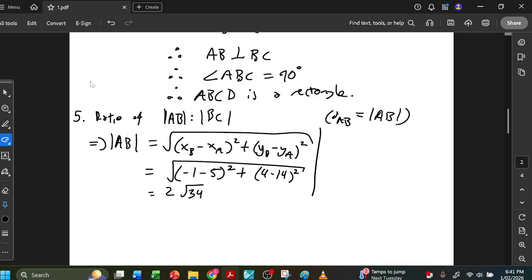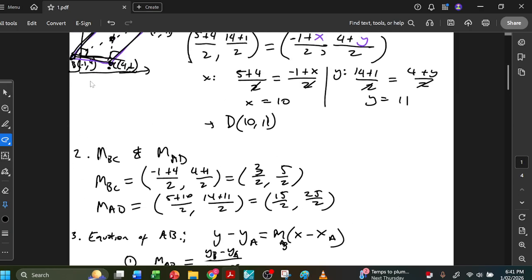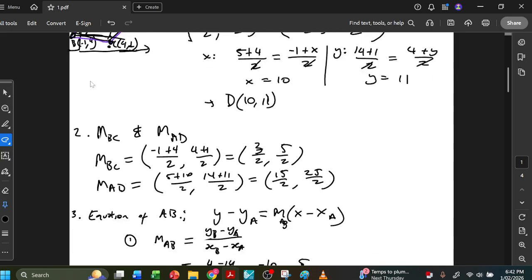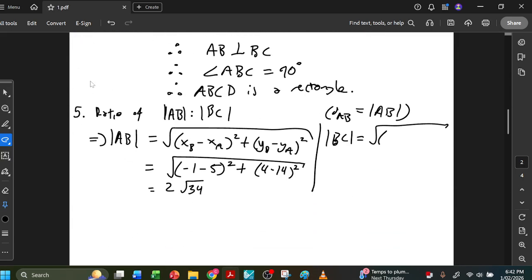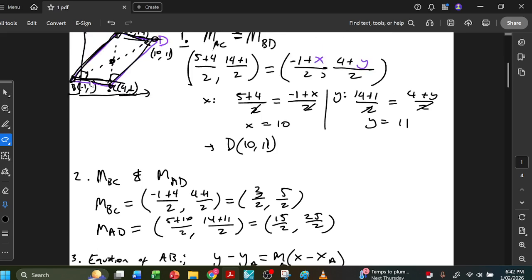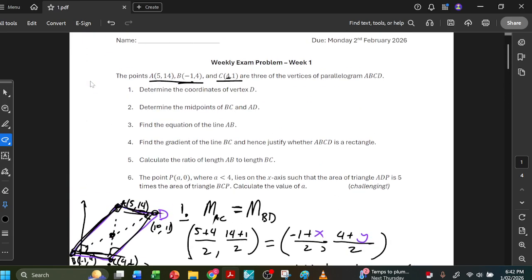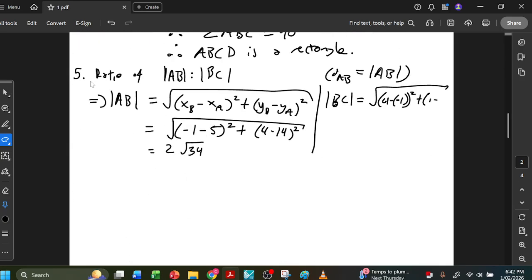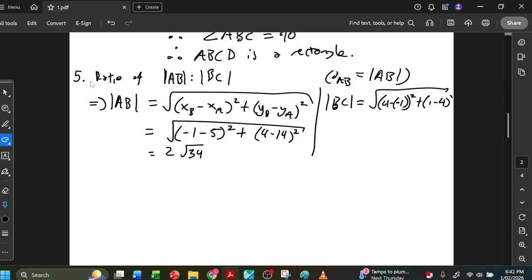By the same token, we could try and work out what BC is. So BC, using the same formula, is going to be the difference between the x coordinates first, so that's 4 minus negative 1 squared, plus the difference between the y coordinates of B and C, so that's 1 minus 4 squared.